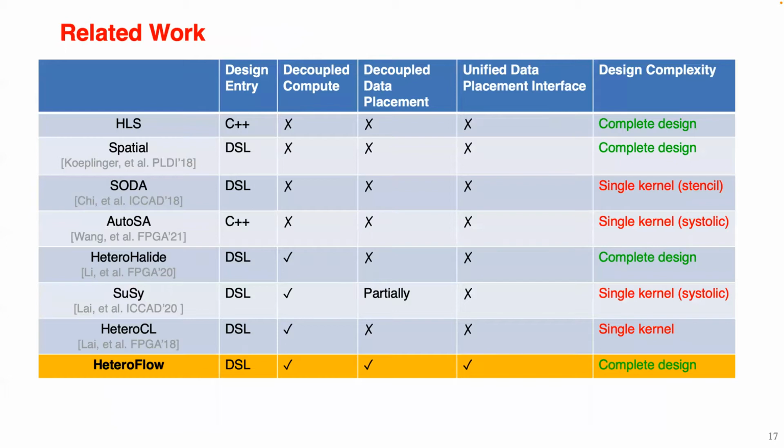To summarize, HeteroFlow is the first programming model to provide a decoupled programming interface for unified data placement. And we are able to connect systolic array kernels with non-systolic array kernels to build a complete design.